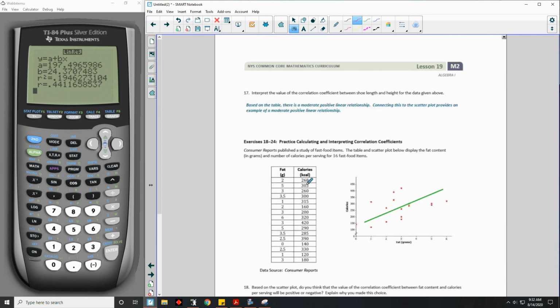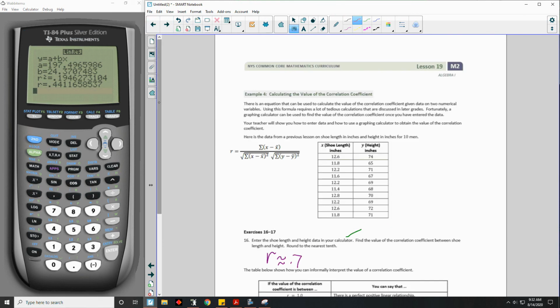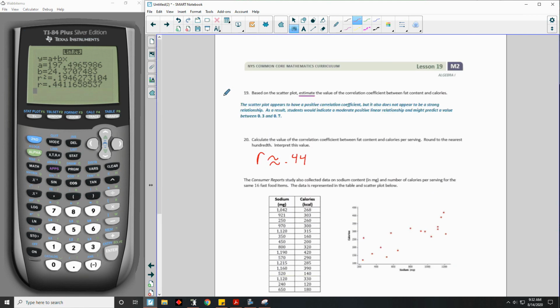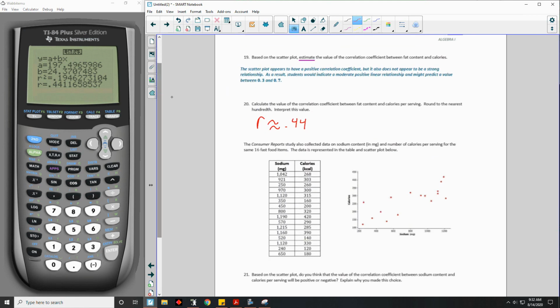Go back to my table, 2 pages back. 0.44 is right here, between 0.3 and 0.7, so it is a moderate positive linear relationship. So you would say the correlation coefficient R is approximately 0.44. It indicates a moderate positive linear relationship.